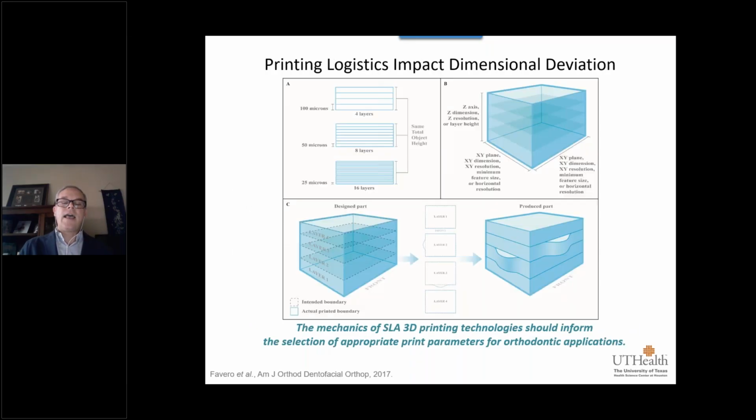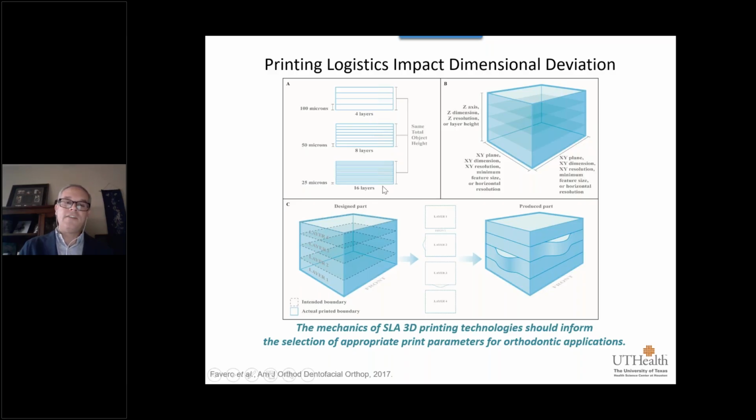But we anticipate that part of the underlying reason is a propagation of error over the larger number of layers that are needed to print a given part at the thinner layer height. Using a thinner layer height of 25 microns, it might take 16 layers, for example, to print a part that would take only 4 layers at 100 microns.